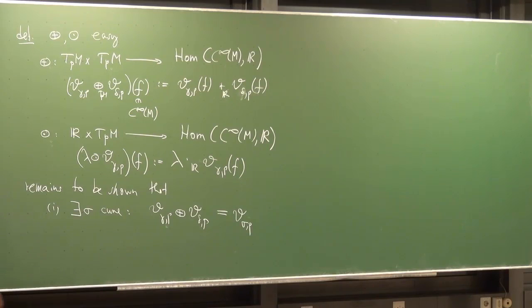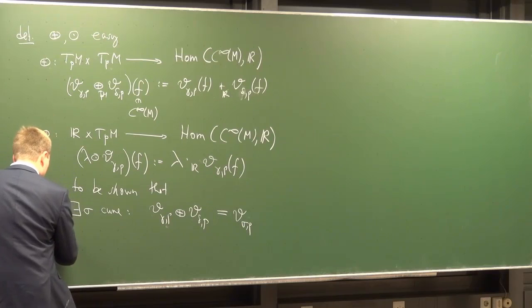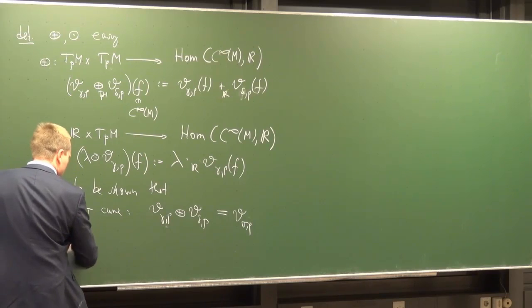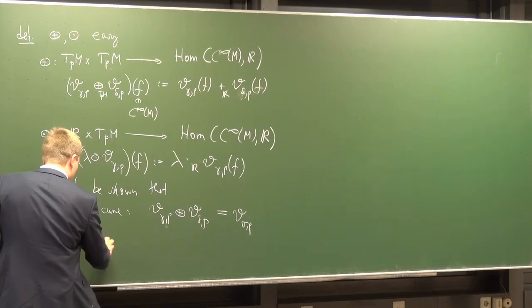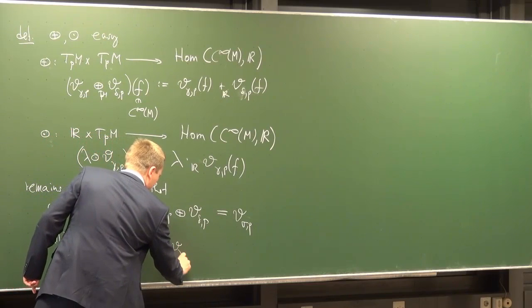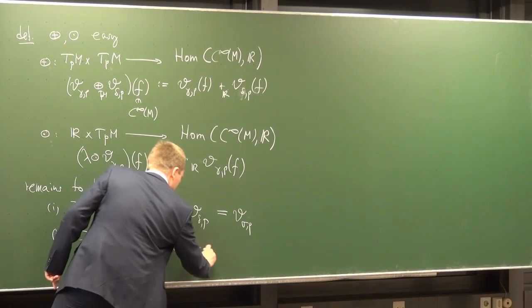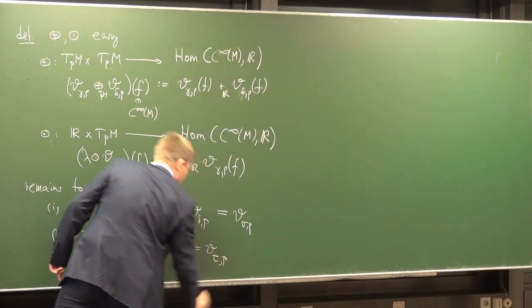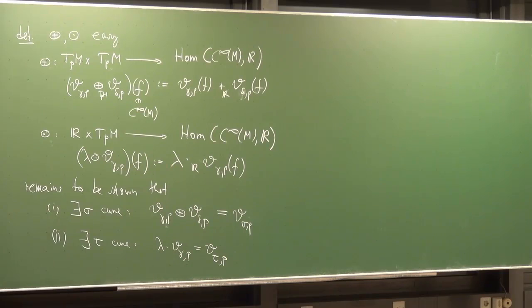Okay, it's important. And similarly, it must be shown that there exists a curve, I don't know how to call it, like the σ τ curve, such that λ times v_γ,p is v_τ,p. Okay, so this we need to do.